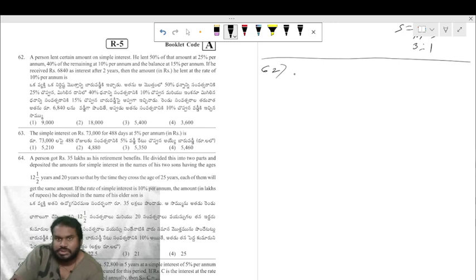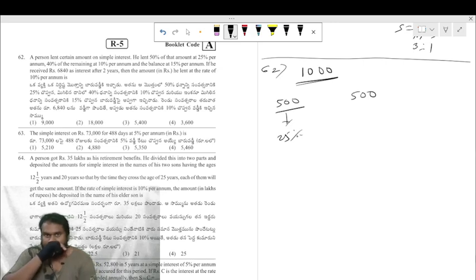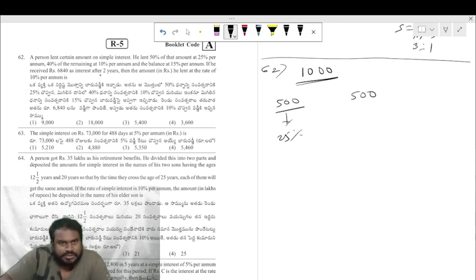A simple way is to assume, suppose he has given 1000 rupees. So out of 1000, 50% of the amount is for 25%. 50% is 500. Remaining amount is 500. This 500 is given for 25% interest per annum, and he has given it for 2 years.